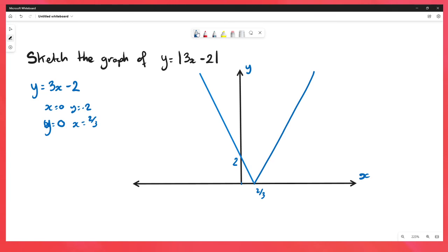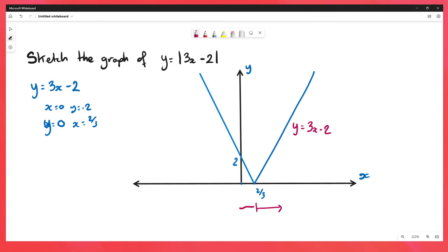Now, interestingly, and this is really useful to think about when trying to sketch graphs, or trying to solve equations, is this bit from 2 over 3 upwards, this is the graph of y equals 3x minus 2.